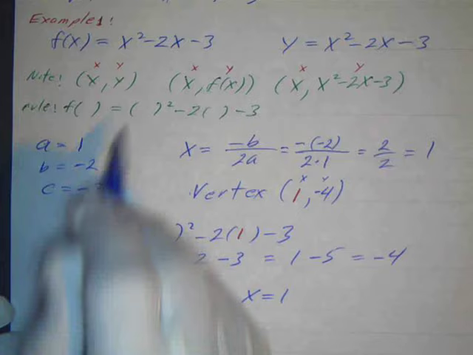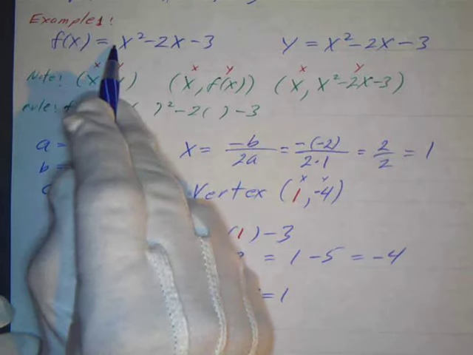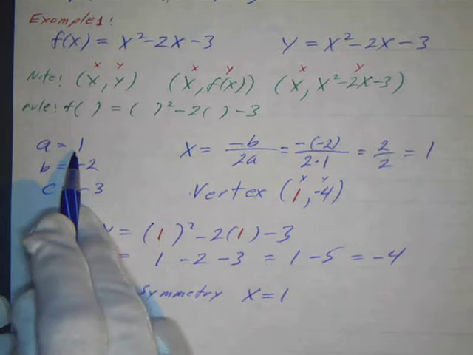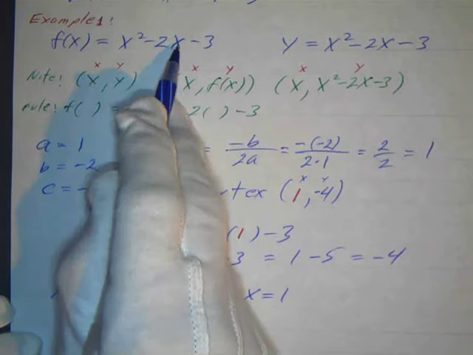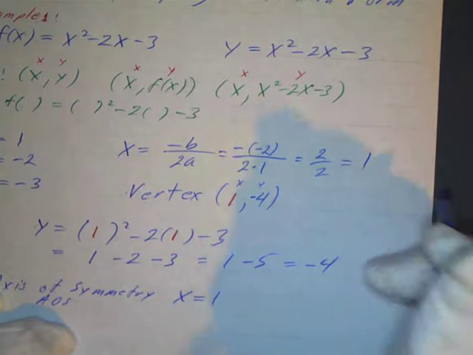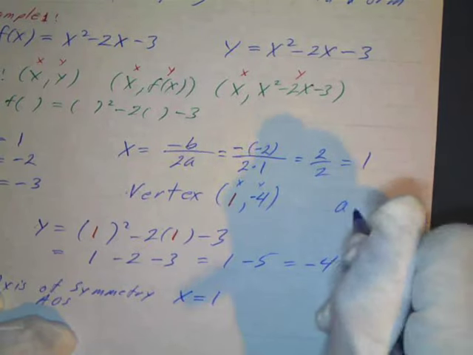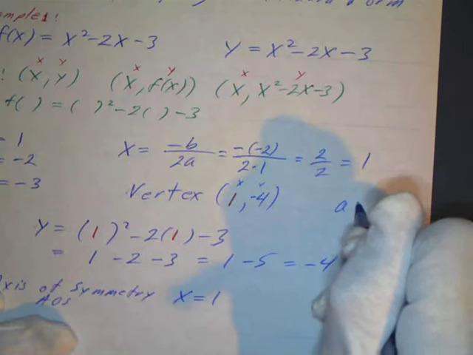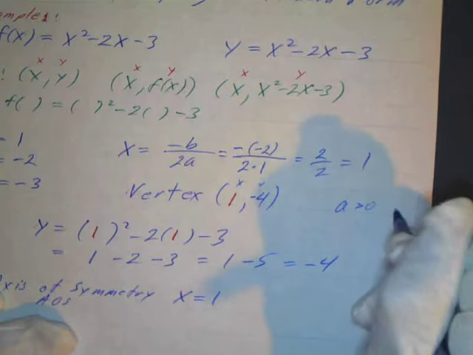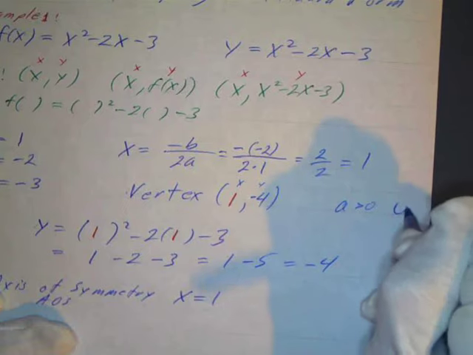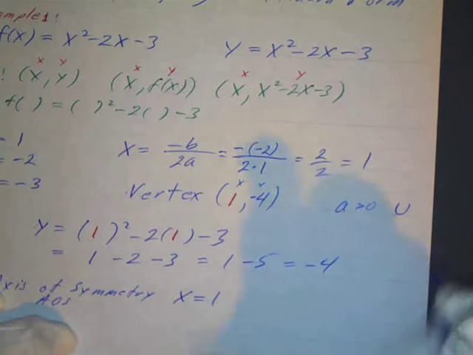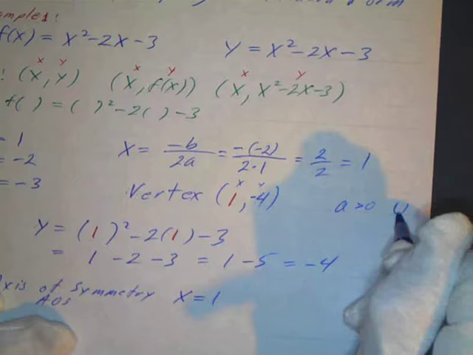Well, we can tell by looking at the a, that's whatever's in front of the x squared. If a is positive, greater than 0, my parabola is shaped like a U, and I have a minimum value.